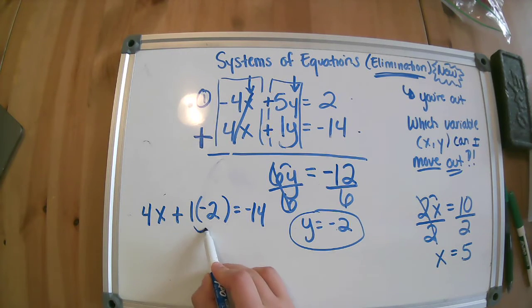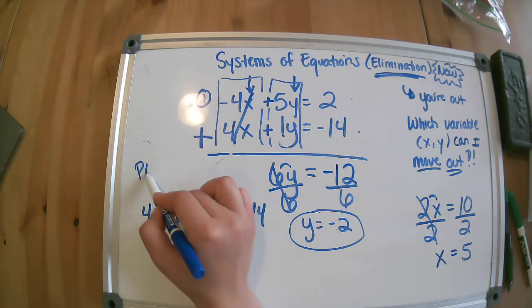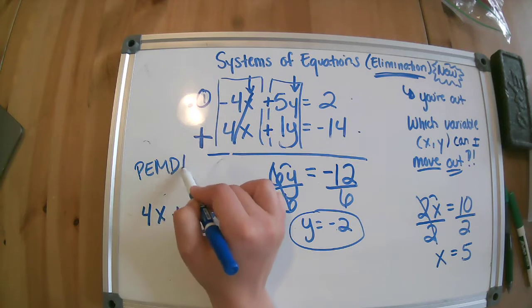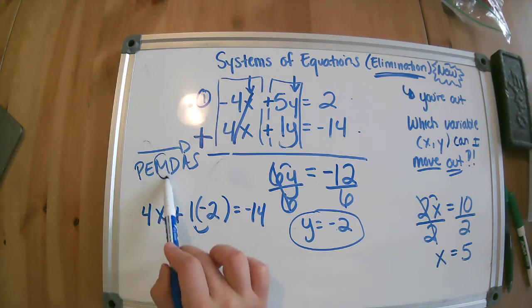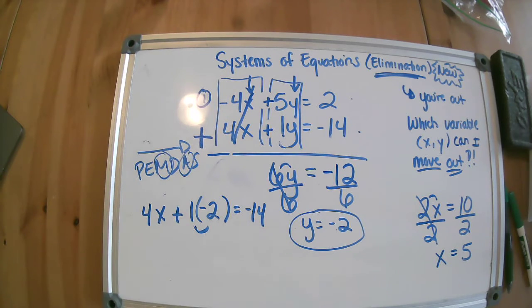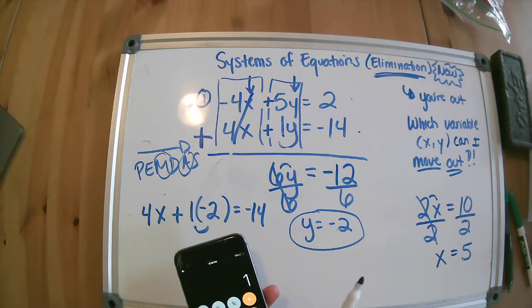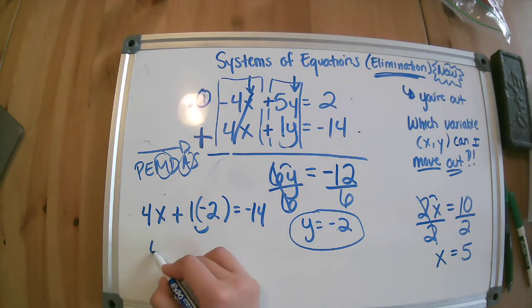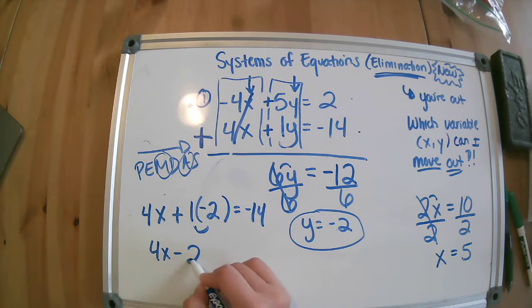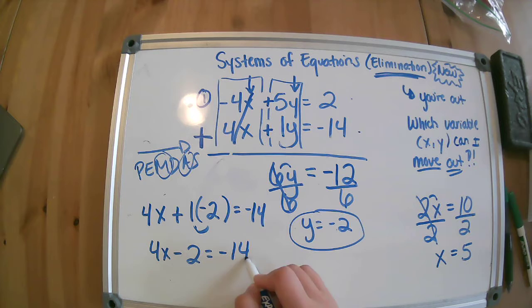So I'm going to multiply this first, right? Because with PEMDAS, if I'm doing it from left to right, multiplication is going to happen before addition. Okay? So 1, use my calculator again whenever dealing with negatives so I don't make the mistake. 1 times negative 2 is negative 2. So this becomes 4x minus 2 equals negative 14.